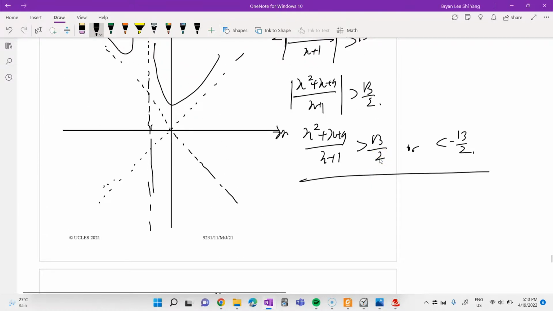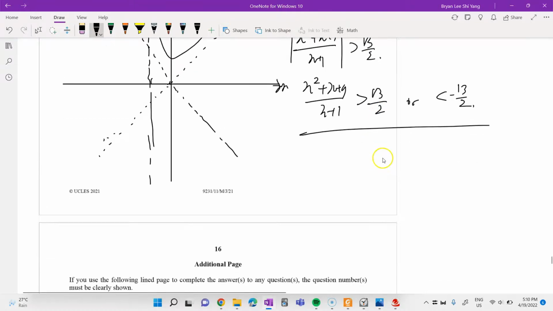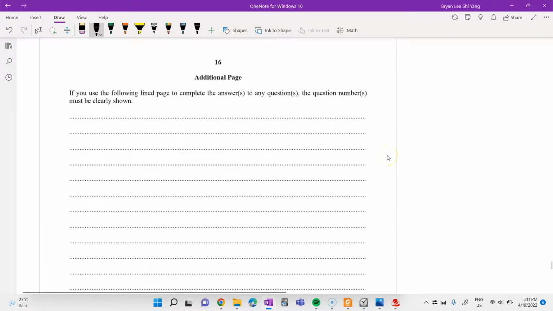This one. So I'll have two equations first, right? I'll have x squared plus x plus 9 over x plus 1 equals 13 over 2. I'll have this equation first and then I'll cross multiply, right?